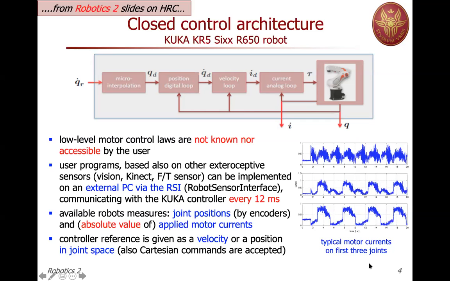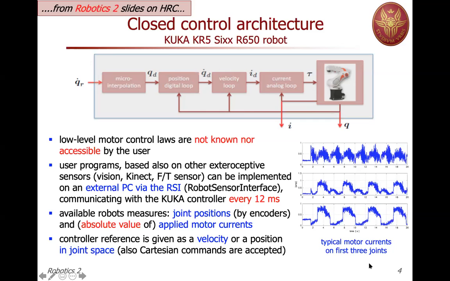And then internally, you generate an evolution of position from the current one to the next one, so you have a micro interpolation. Indeed, if you were able to generate position commands at a faster rate and enter into the system, this micro interpolation would not be needed.